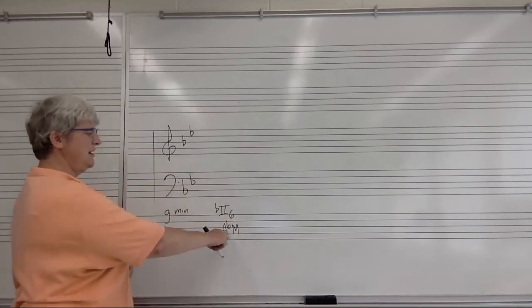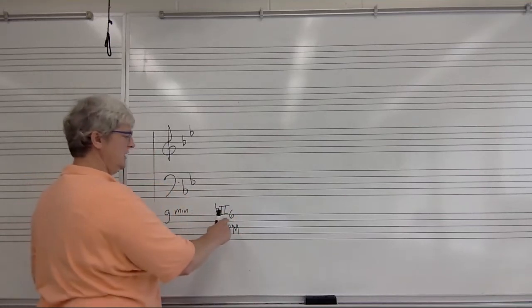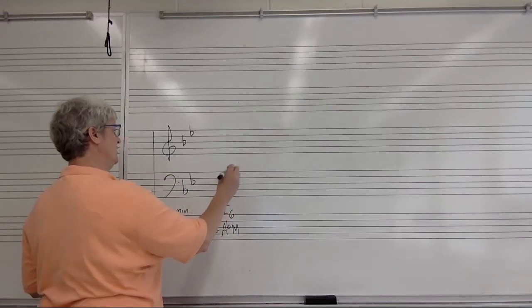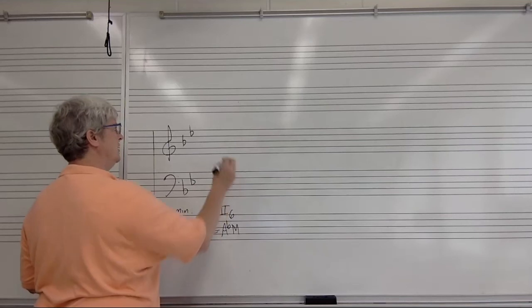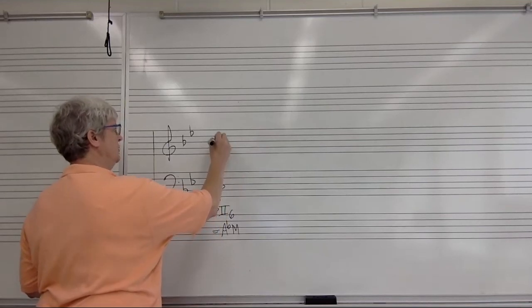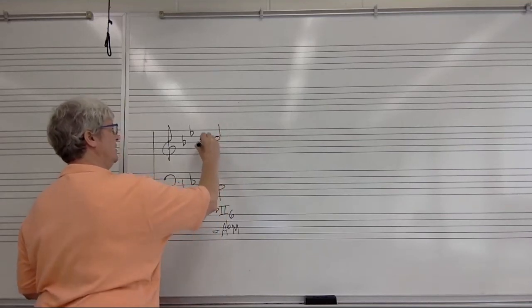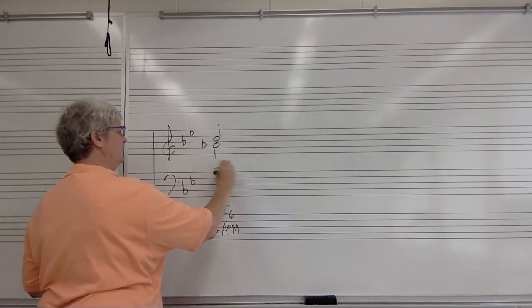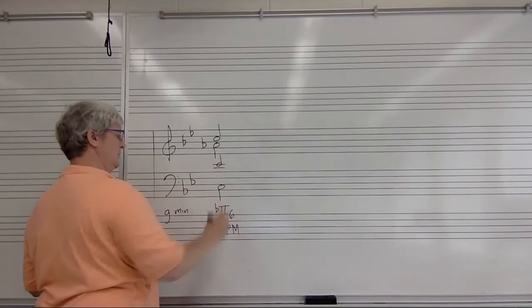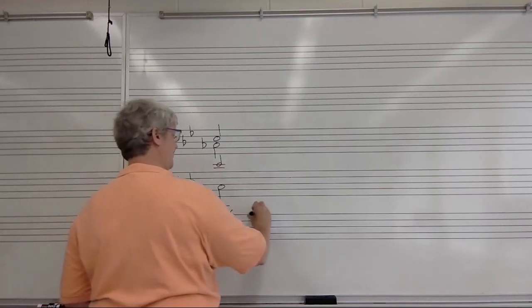Okay, so let's write an A flat major chord in first inversion. I'll put the C in the bass. I'll put a C in the soprano. I'll put the A flat here, and I'll put the E flat here. Okay, and we're going to go to 5.